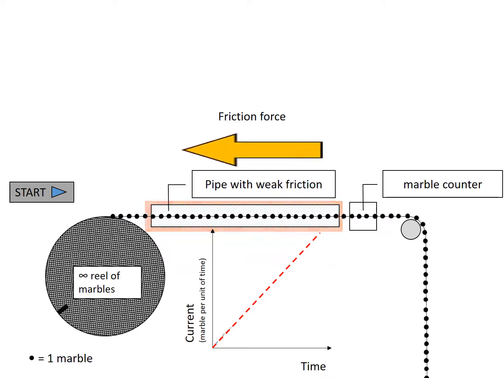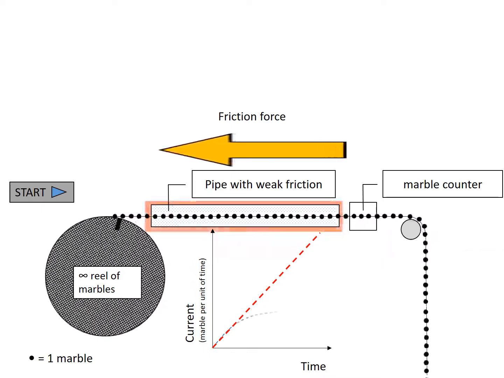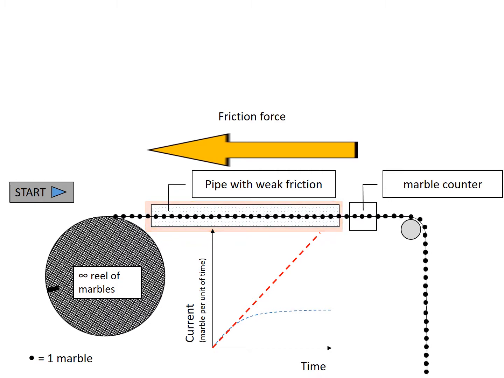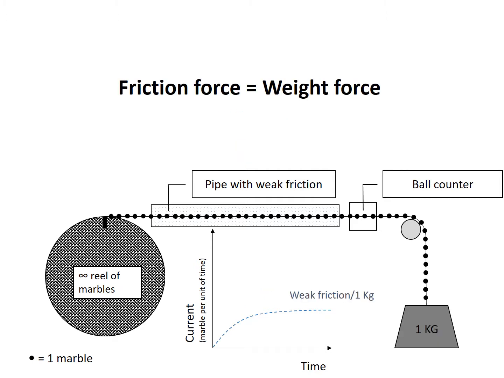But doing so, the marbles hitting the grains of sand create some friction, which heats up the pipe and gives birth to a friction force opposed to the motion force created by the weight. This friction force grows, starting soon to counterbalance the motion force. Once the two opposed forces become equal, the current stabilizes as we have an equilibrium.